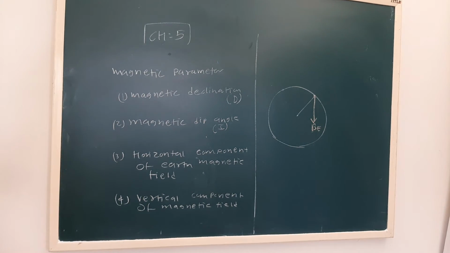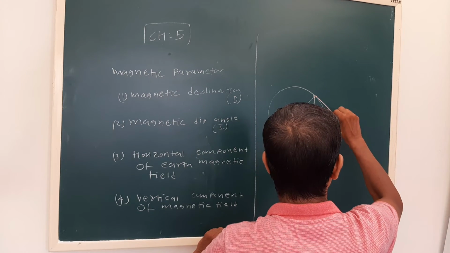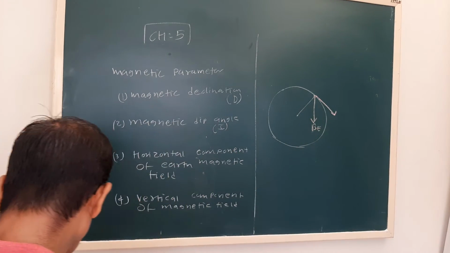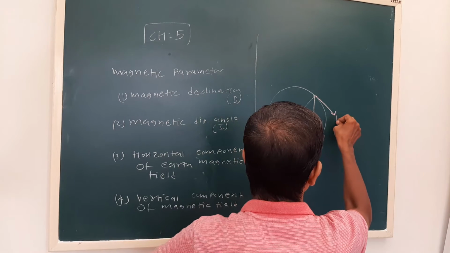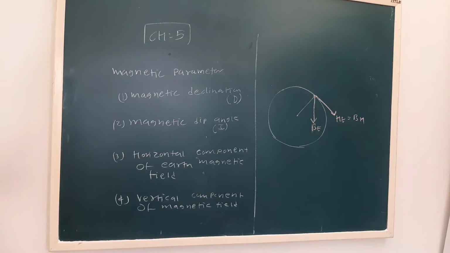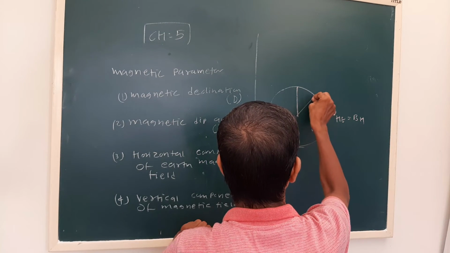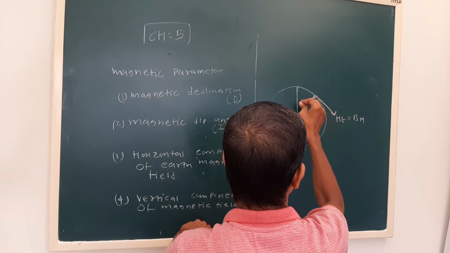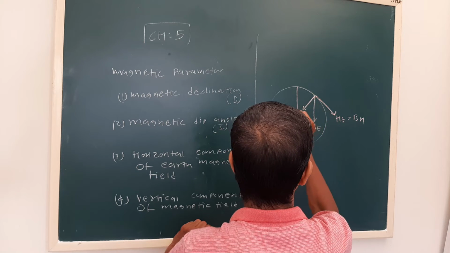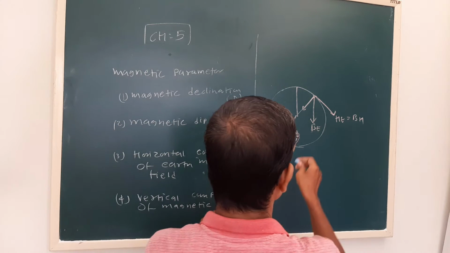The magnetic field of the Earth has two components. One is the horizontal component, that is HE, sometimes we write BH also. And the vertical component, that is BV, or it is ZE.